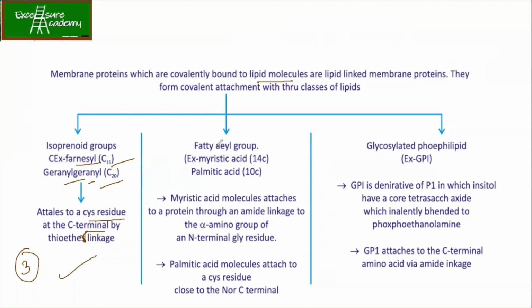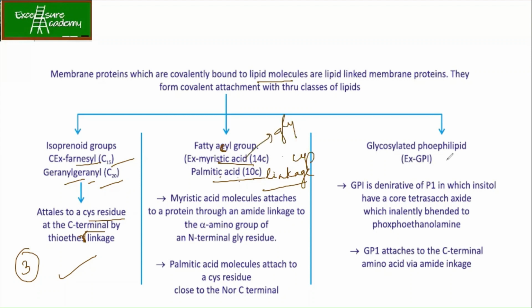Now coming to the fatty acyl group, here we have myristic acid and palmitic acid. We just discussed that myristic acid forms an amide linkage with glycine. What kind of linkage is formed with palmitic acid? Thioester. Very good. Again with the cysteine. In the myristic case, it was glycine, correct?